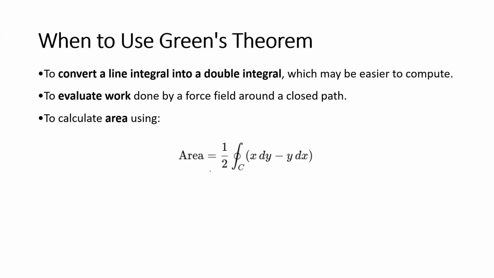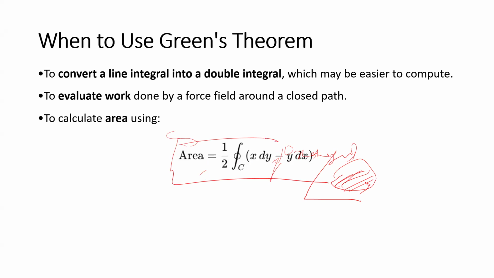We can easily calculate the area under this closed path using the formula half times the closed integral of x dy minus y dx. If we integrate this area formula, we can easily calculate the area covered.